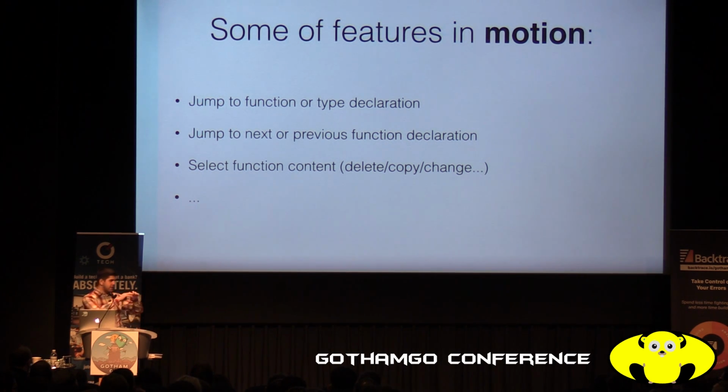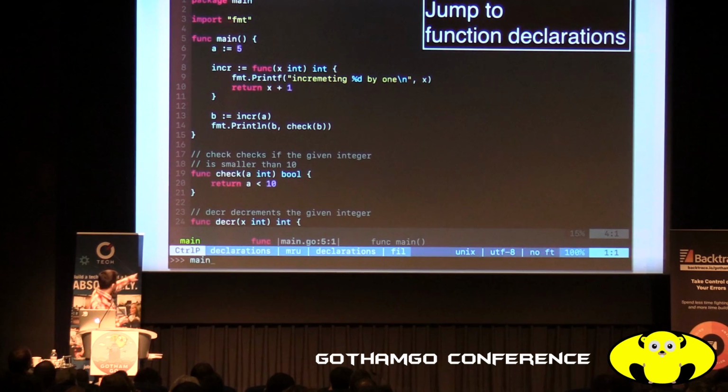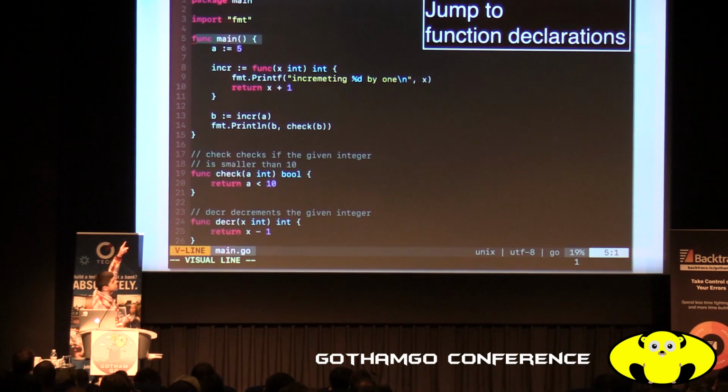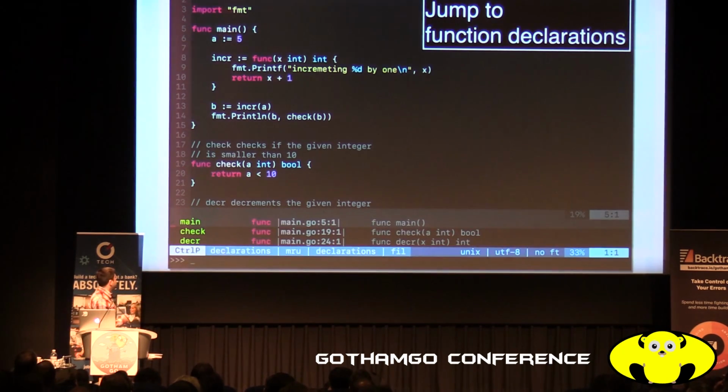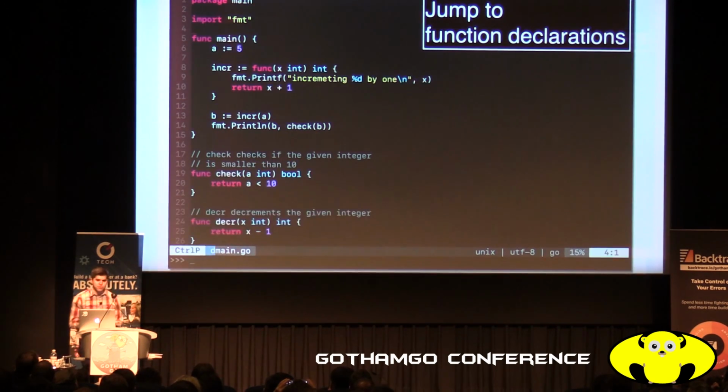You can select a function with its comments, delete them, and a lot of other features. Here's a demo of it, just as an example. When I write main, my cursor jumps to main. And if I write check, it jumps to the check function declaration. This is a very basic feature of Motion.